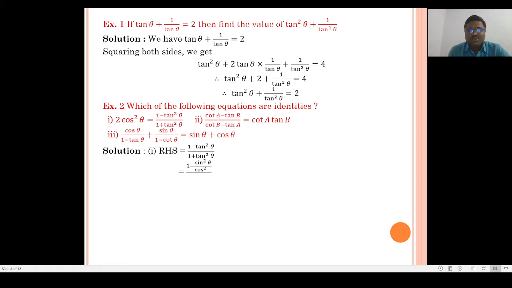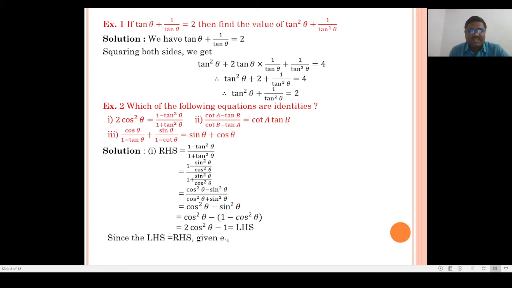Substitute tan as sin over cos, and then we get cos square theta minus sin square theta. So cos square theta minus 1 minus cos square theta, and we get 2 cos square theta minus 1, which equals LHS. Since the LHS equals RHS, the equation is an identity.